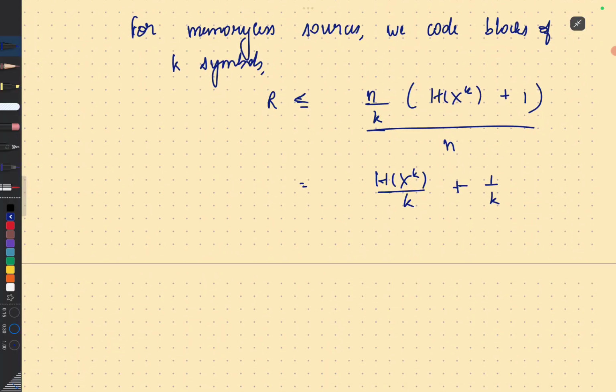For a memoryless source, h of xk is just k times h of x, which is simply h of x plus 1 by k.